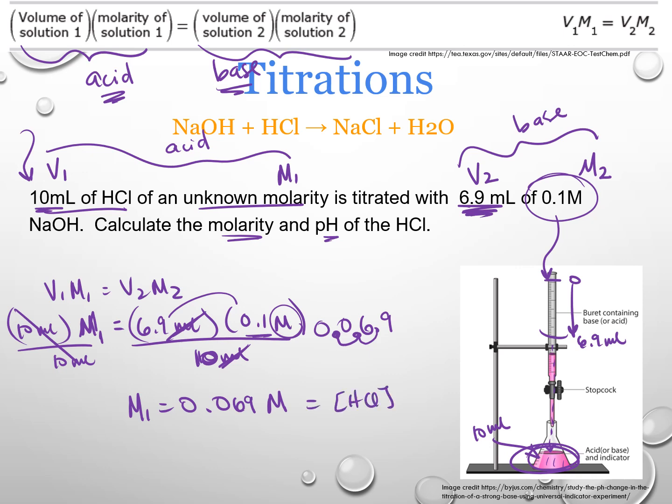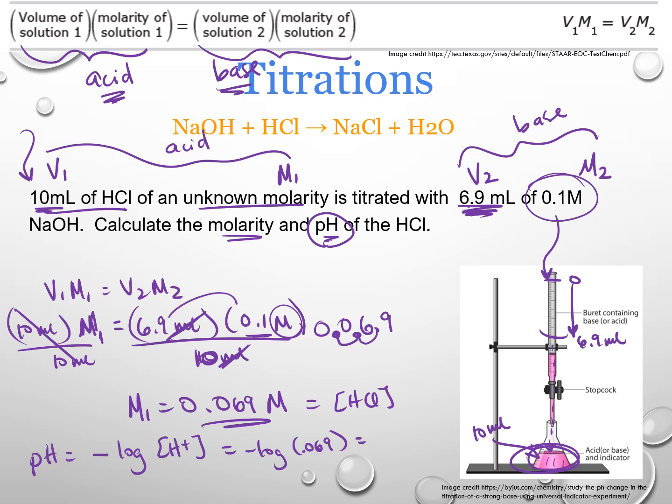This is the concentration of our hydrochloric acid. And if I want to find the pH, and I definitely do want to find the pH of this acid, all I have to do is remember that pH is equal to the negative log of the hydrogen ion concentration in the acid. In this case, our concentration is 0.069 molar. I do need a calculator for this one.